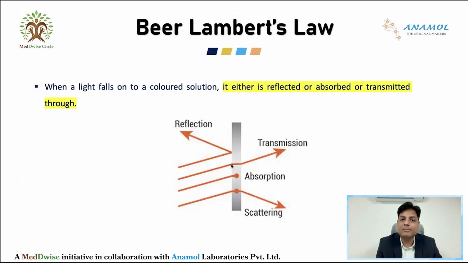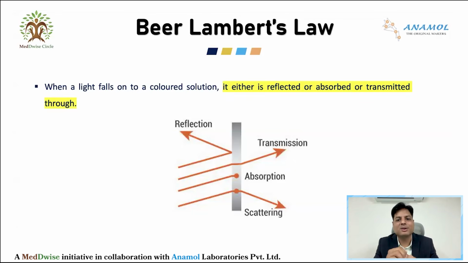There is a second concept where light will enter into the colored solution and some amount of light will pass through the colored solution and enter into a second plane. This concept is called transmission. There is a third concept where the light will enter into the colored solution and the solution will absorb the light.